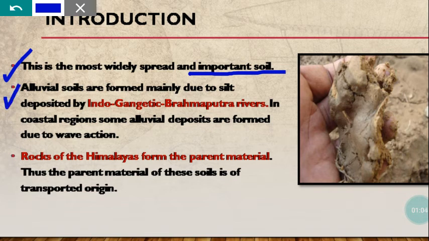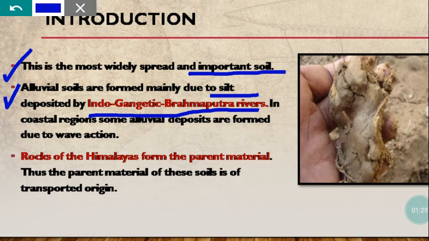In the next point we come to know that alluvial soils are found mainly due to silt deposited by which rivers? Indo-Gangetic and Brahmaputra rivers. And in coastal regions some alluvial deposits are formed due to wave action.